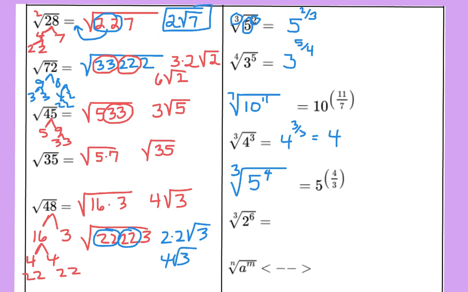I just want you, again, we're not going to spend any time on these other than right now. You've seen them now. So this would be 2 to the 6 over 3, also known as 2 to the 2nd, or just 4 if you want to keep going. A to the m, the nth root of that would be a to the m over n. We're going to pause here.